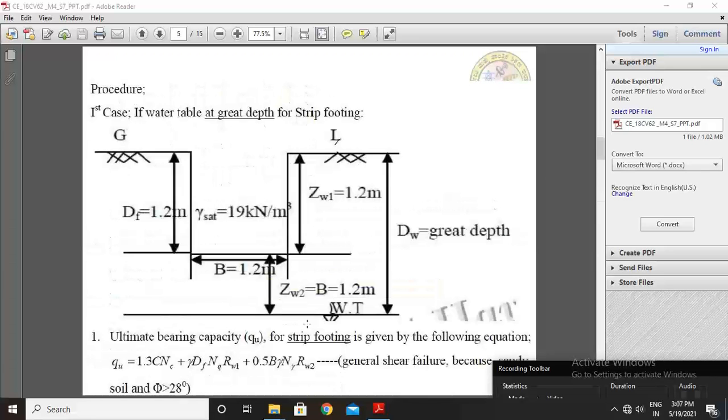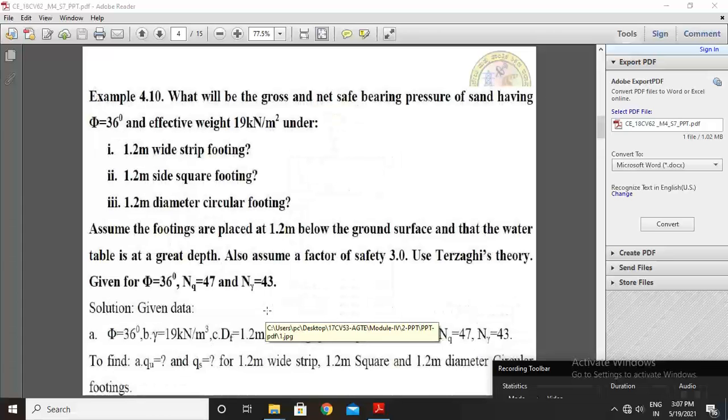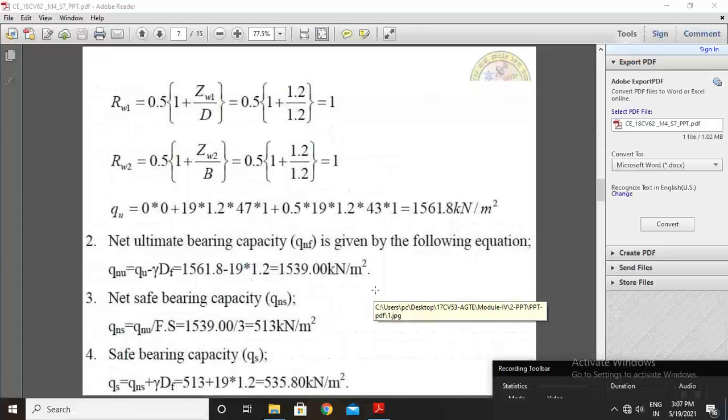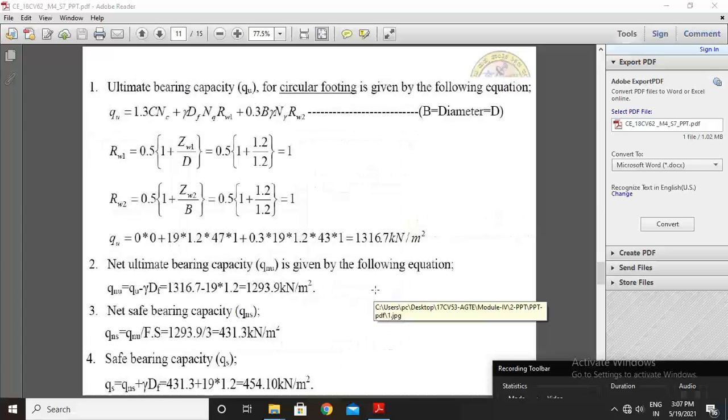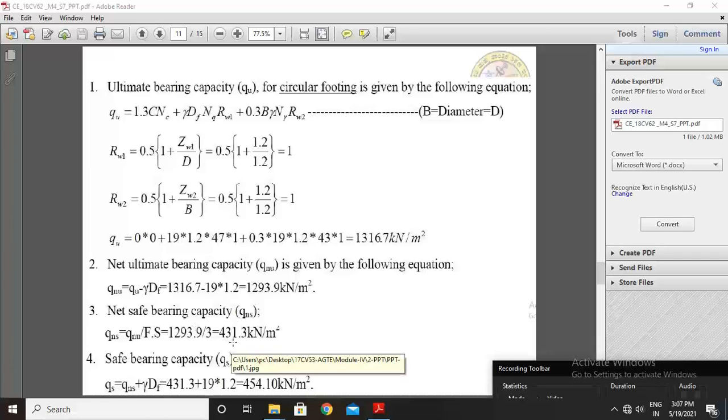Solving this, we get 431.3 kilonewton per meter square. And all of you remember the unit also. Don't forget units.